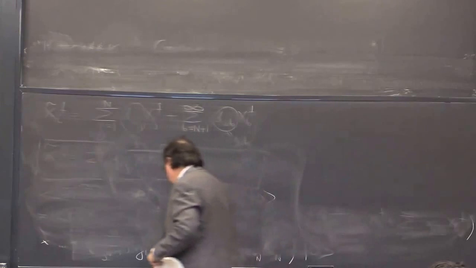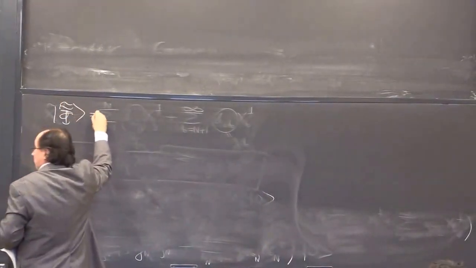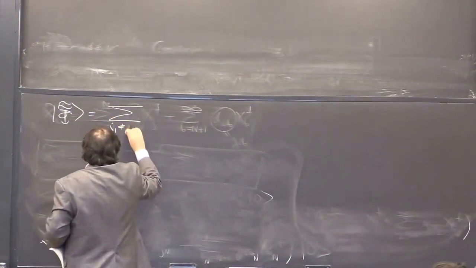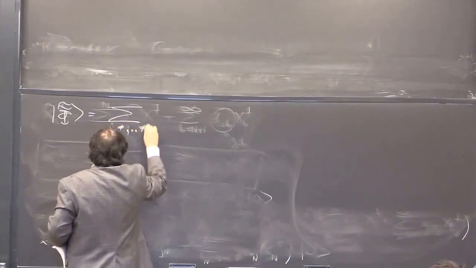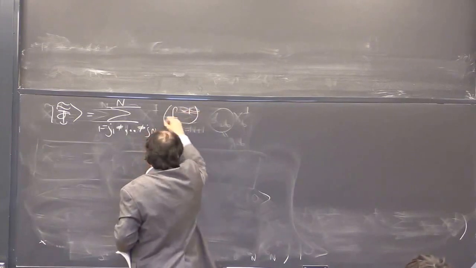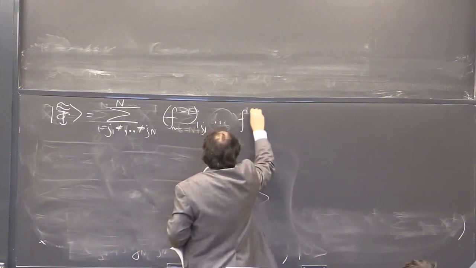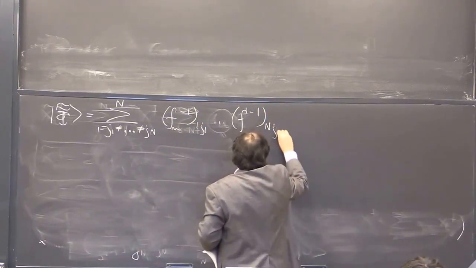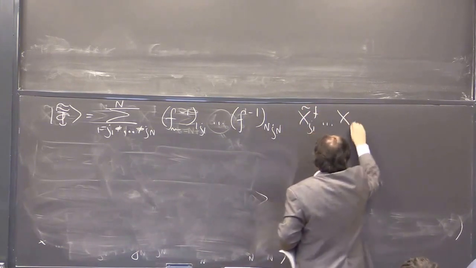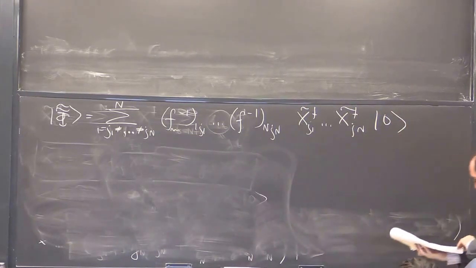So that means that if I continue here, phi double tilde is a summation over j1 different than j2 and so on, different than jn, all running from 1 to n, and then we have f to the minus 1, 1 j1, through f to the minus 1, n jn, and then we have x j1 dagger tilde through x jn dagger tilde acting on the vacuum.